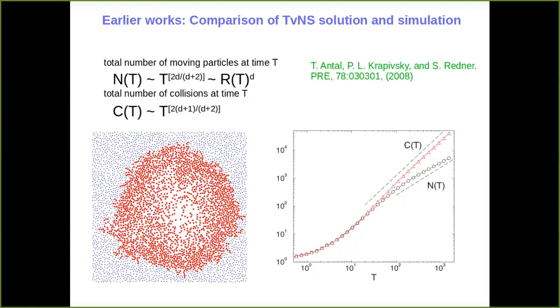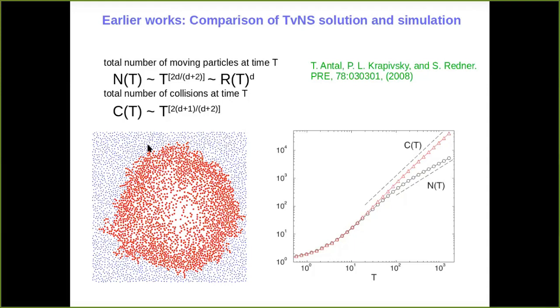One of the first studies was done by these authors, where they studied a blast in a system of hard spheres like billiard balls, and initially all particles are at rest. Here is a collision cascade you can see.